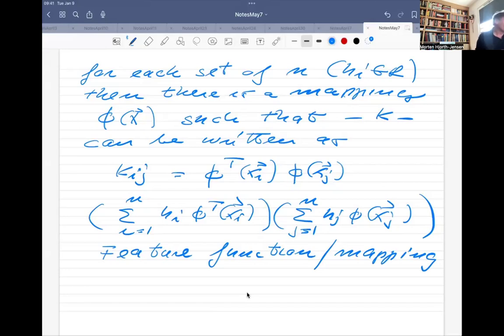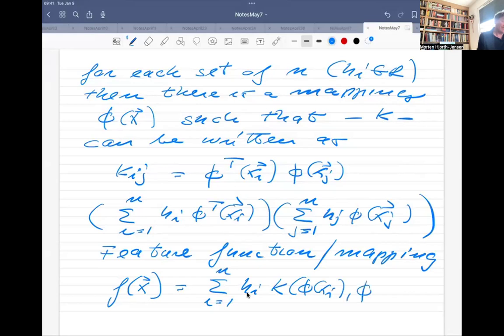So you would often find this feature function mapping written as a function of x, where we now just look at one of the sums of h_i, multiplied with K, and then phi of x_i and phi of x.